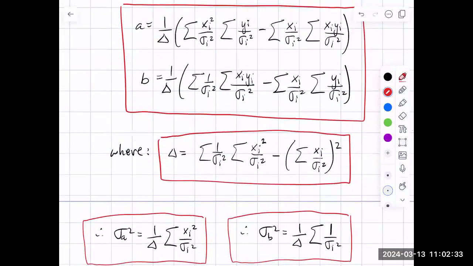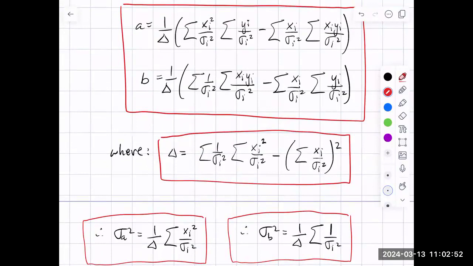For example, this delta, we need it to get A and B, and these two sums appear in the sums to calculate delta. So once you found A and B, it's not extra work to find the uncertainty because you already have that information.